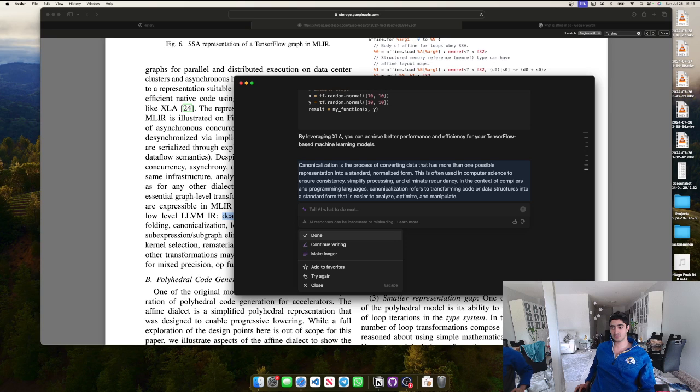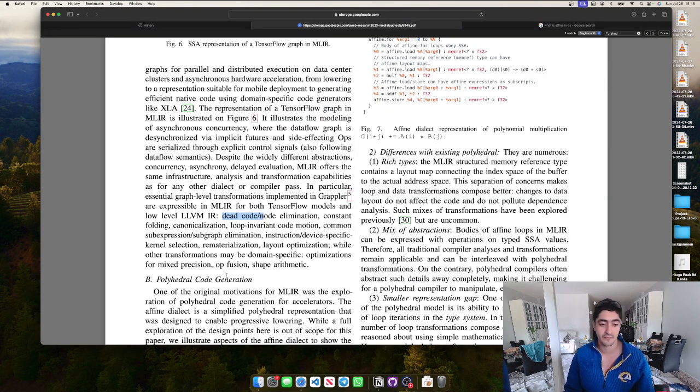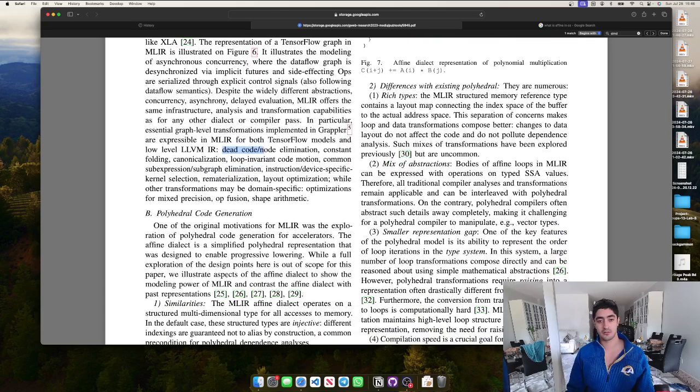Canonicalization refers to transforming code or data structures into a standard form that is easier to analyze, optimize, and manipulate. Polyhedral code generation. Did we get to this part? I'm not sure. We got to canonicalization. Oh, here.